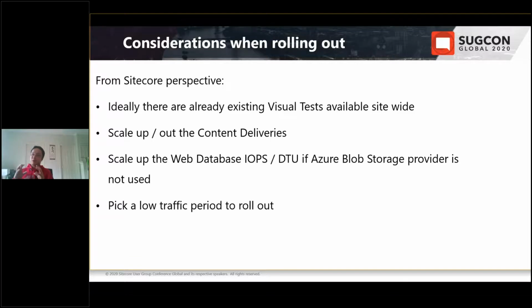You want to pick a really quiet period to roll out, and ideally you already have a whole bunch of visual tests available for the site, so that you can fire all these visual tests to crawl through the entire site in different breakpoints to start caching all of the pristine images and all the different croppings that are required. For Akamai, the offline image resizing takes time, and it's not real-time optimization.